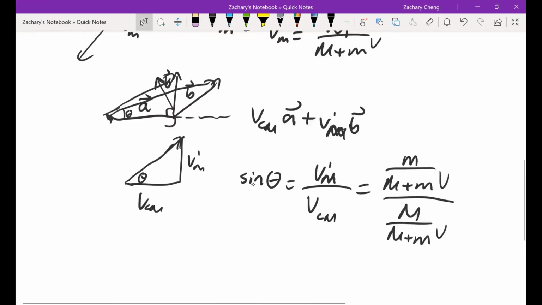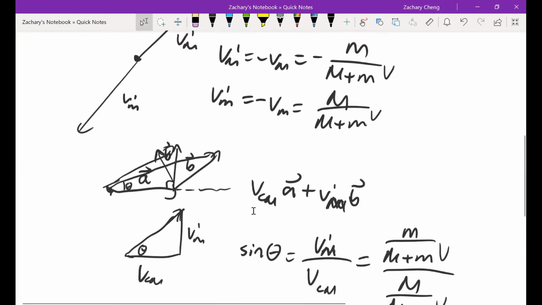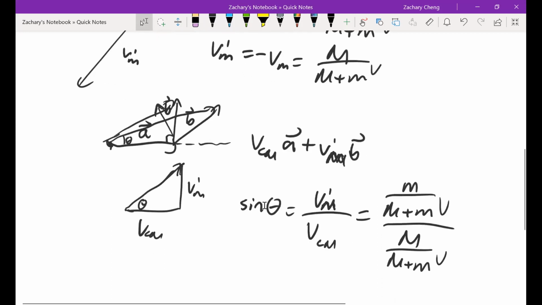Notice that originally we had vM prime equal to negative small m over big M plus small m times v, but that part doesn't really matter, because even if it's negative, B and A are still perpendicular, and we really only care about this angle.